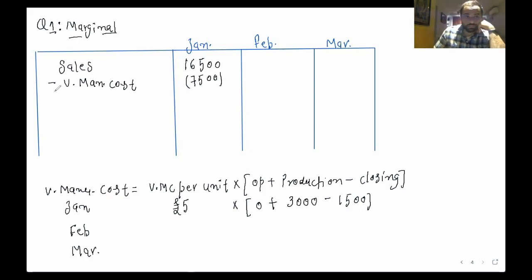Now minus variable non-manufacturing cost. How much is variable non-manufacturing cost? 0. Yes, we don't have any information regarding this. So how much is contribution margin?